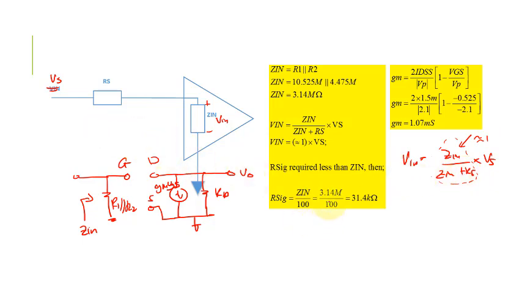The method that we can apply here is, once we obtain the value of Z in, 3.14 mega ohm, we can divide it by 100 or 10, something like this. So we can get a value around 31 kilo ohm. Let's say I divide our Z in value by 100, and we get our RS signal.